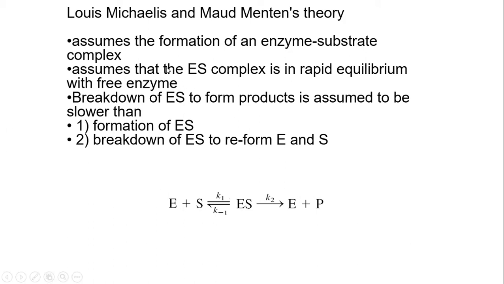So there's rapid equilibrium. The breakdown of ES to form products is assumed to be slower than the formation of ES and the breakdown of ES to reform E and S. Okay, so this is the K2. This is a slower process to reach free enzyme and the release of our product.